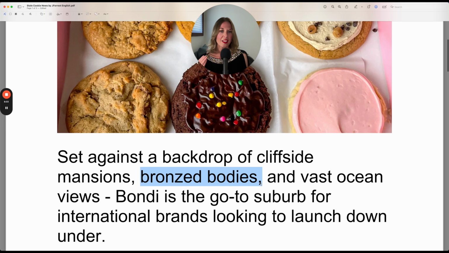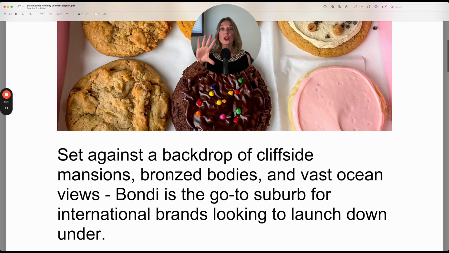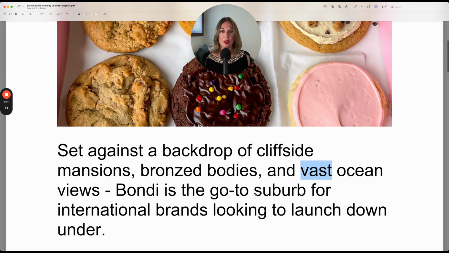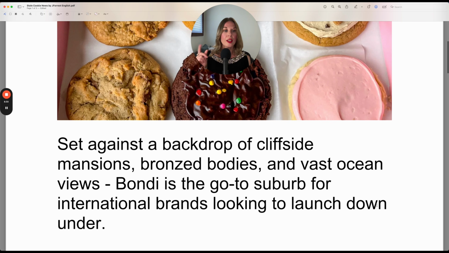Bronzed bodies and vast ocean views. Vast means very large, very big. We use it to describe scenery mainly. The field is vast. The ocean, of course, you just see ocean as far as your eye can go, and vast ocean views.